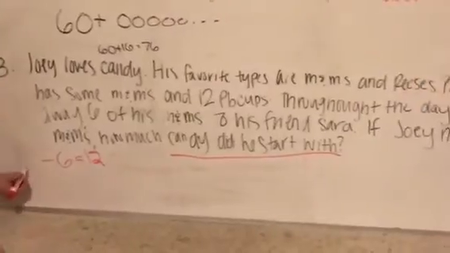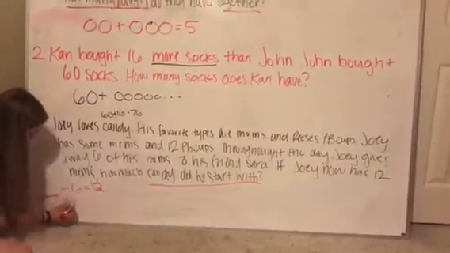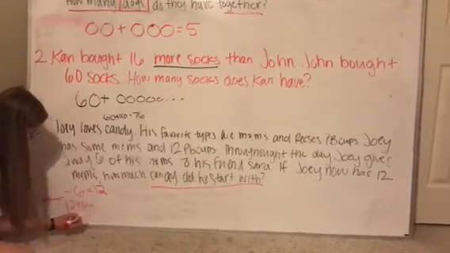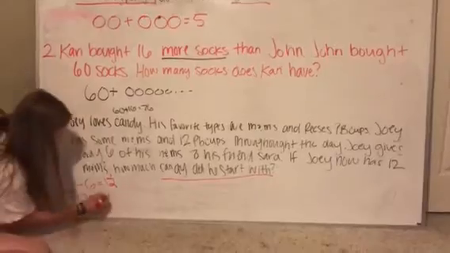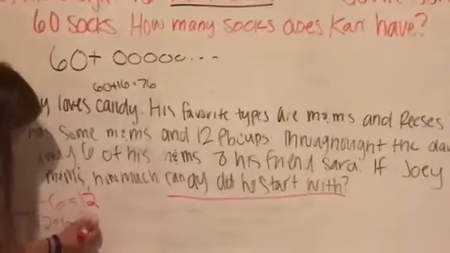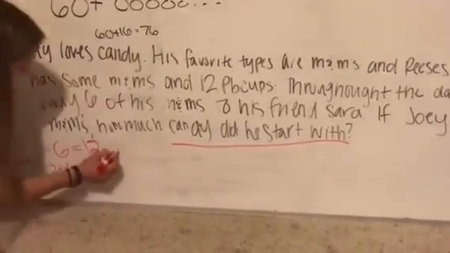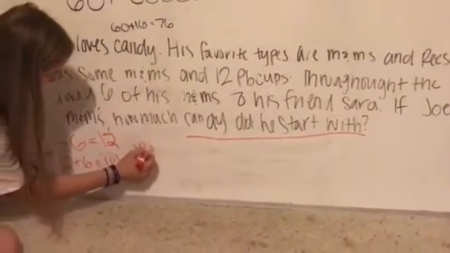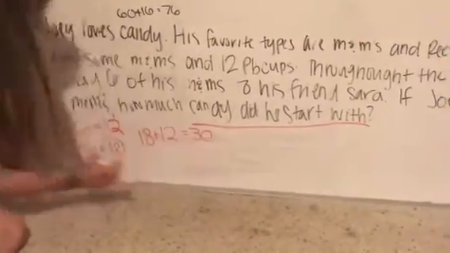So what we have to do is figure out this number, so then we would do 12 plus 6. And they can obviously draw this out, which would make a lot more sense to them. It would be 18, so he has 18 M&Ms, and we know that he started with 12 peanut butter cups, so then we would have 18 plus 12 would then equal 30.